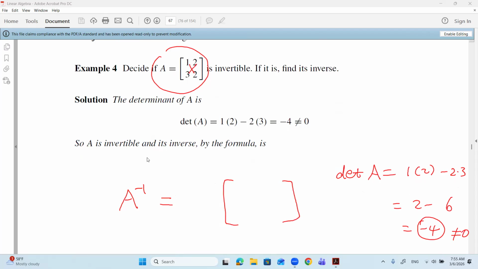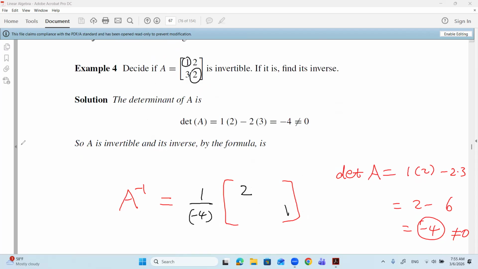First, we put 1 over the determinant of A, times a certain matrix. For that matrix, we swap the diagonal entries of A. That is, 1, 2 still sit on the diagonal line, but become 2, 1.